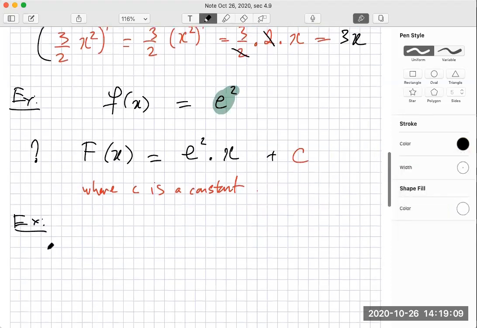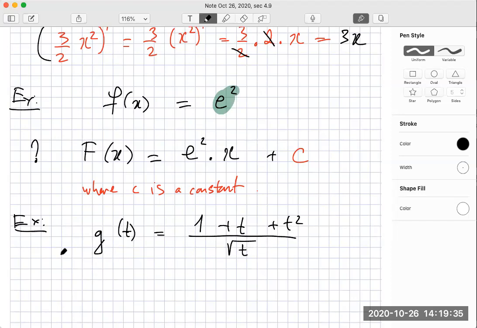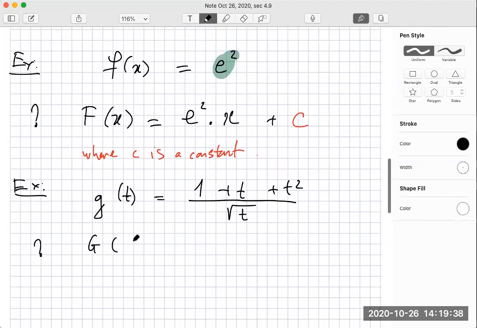Let us try one more. If you practice the derivative well, you can find the antiderivative faster. If we are given g of t, which is 1 plus t squared divided by the square root of t, and we find the antiderivative of this, let us call it capital G. This is what we need to do.